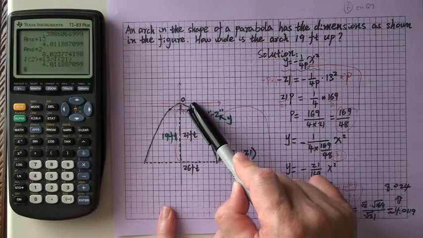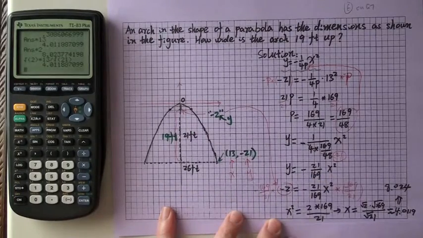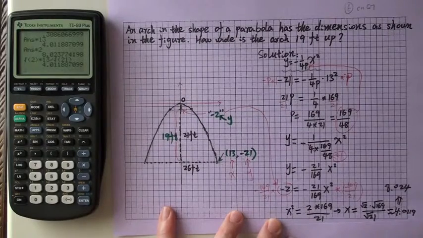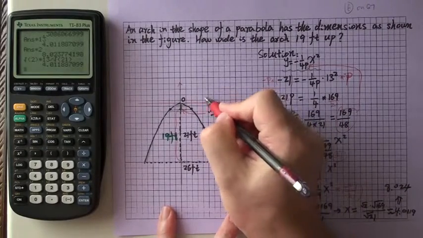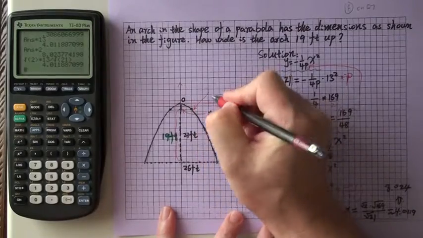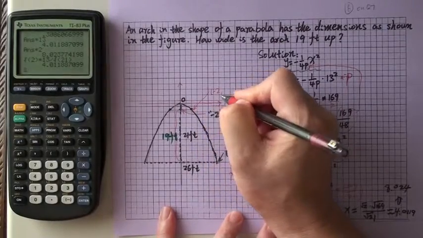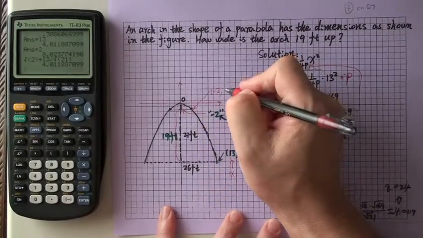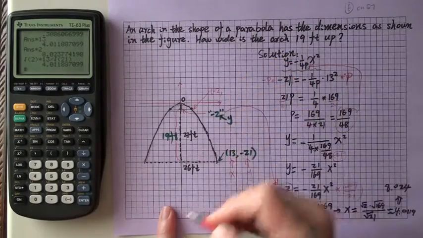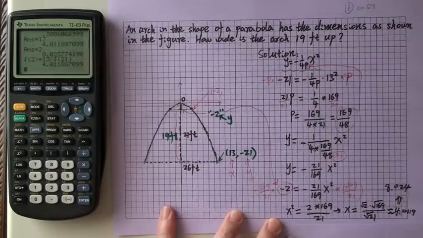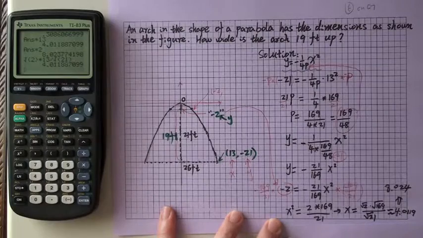What is x? This coordinate. So what is the coordinate for this one? This is negative 2, and that's for y. So I'll use a different marker.